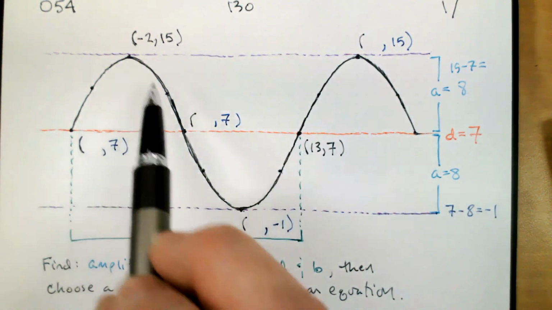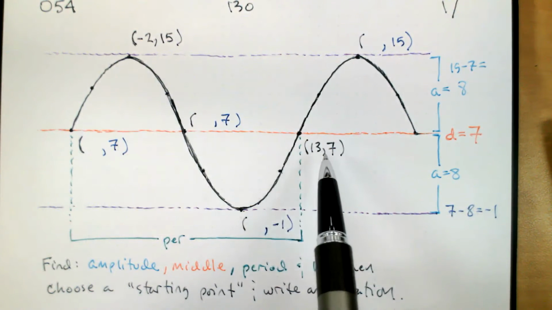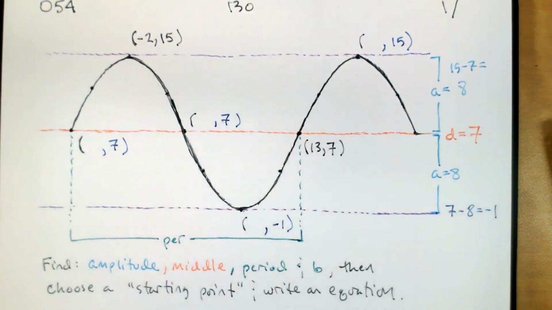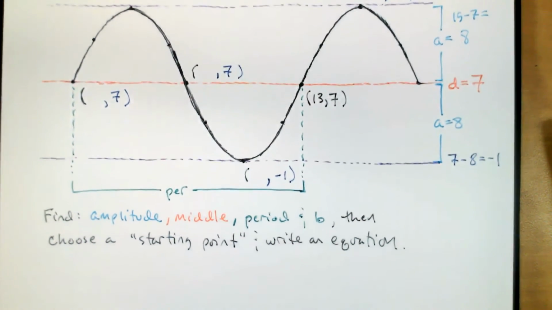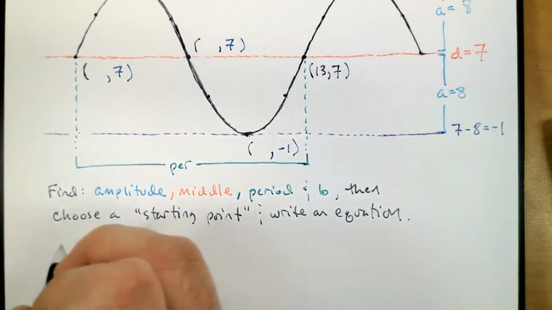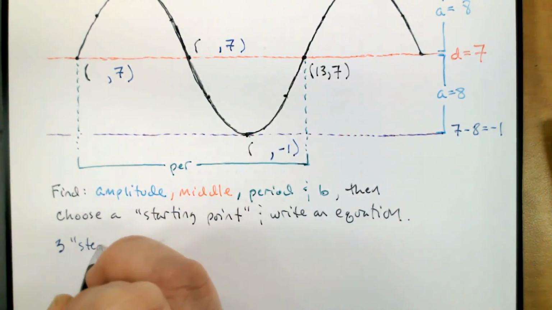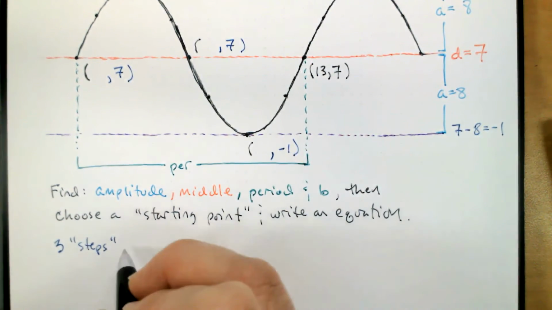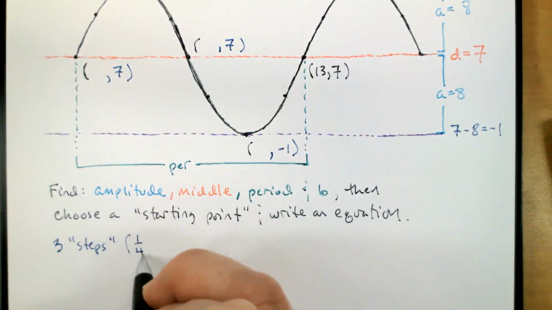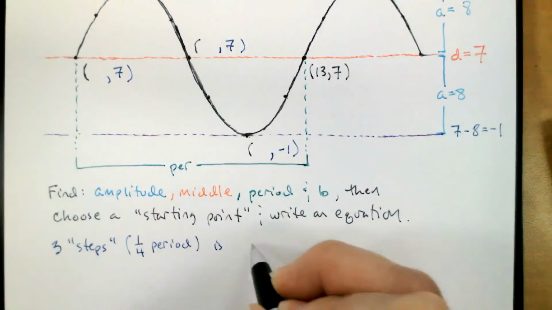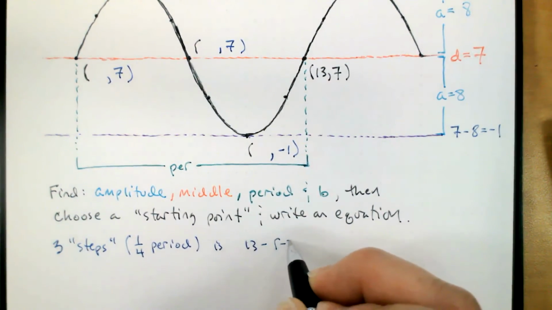So when we've taken 1, 2, 3 steps, and that's 13 minus a -2. So what we want to notice is that 3 steps, and if we think of steps as quarter periods, is 13 minus a -2.